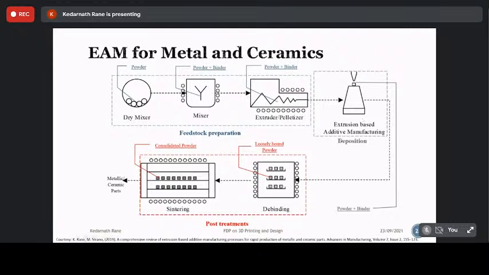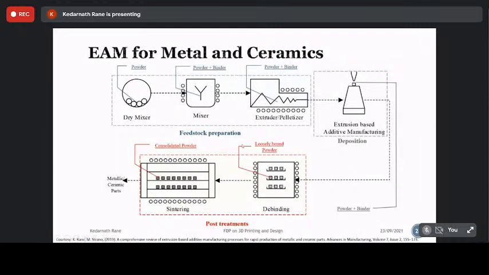Here you are saving considerable cost because you don't require any tools or molds to process the powders or feedstock. So this is the merit of the EM process over PIM and MIM.